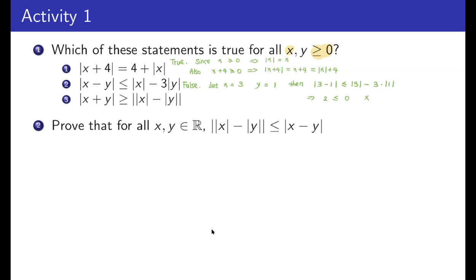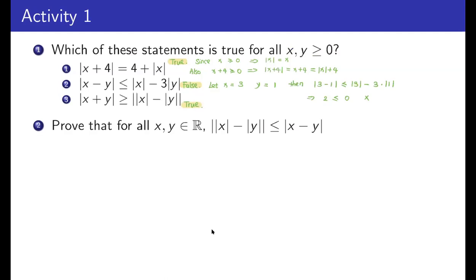Number 3. Anyone know how to prove it? True. False.